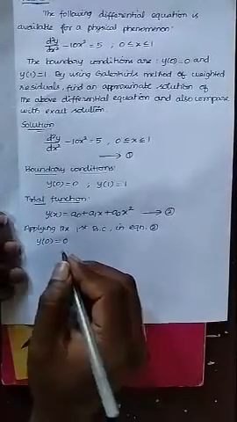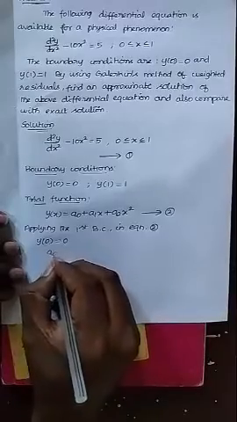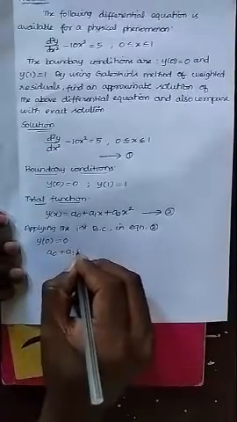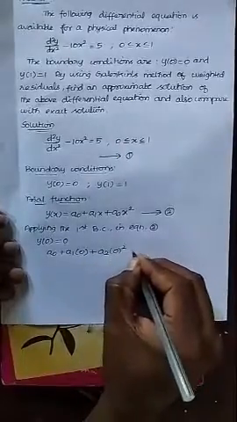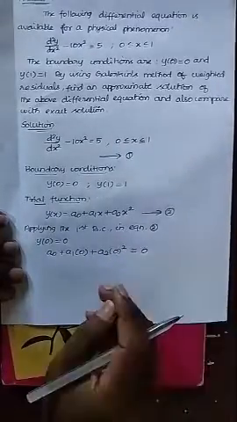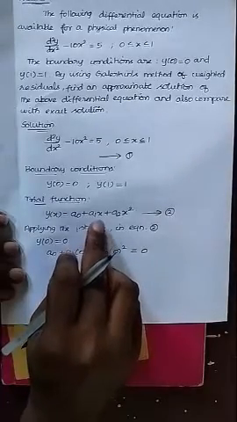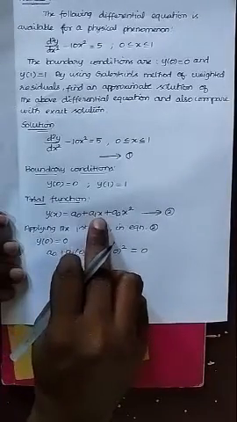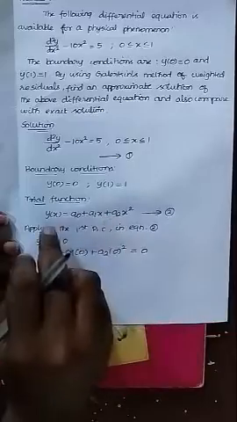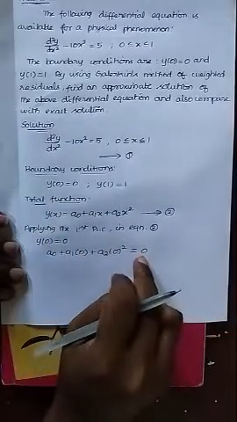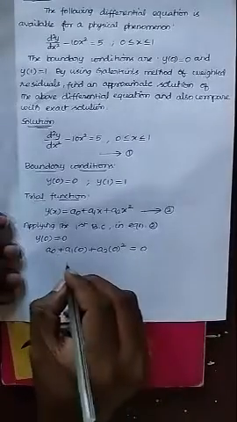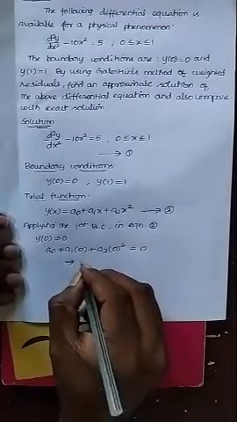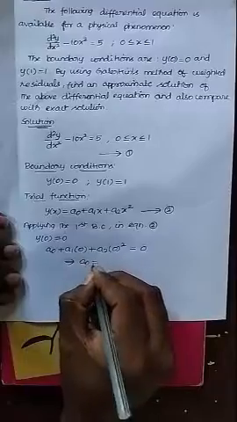So equation 2 becomes a naught plus a1 into 0 plus a2 into 0 square is equal to 0. By substituting the value of x as 0, the value of y will be 0. On applying the first boundary condition, we arrive at the result a naught is equal to 0.